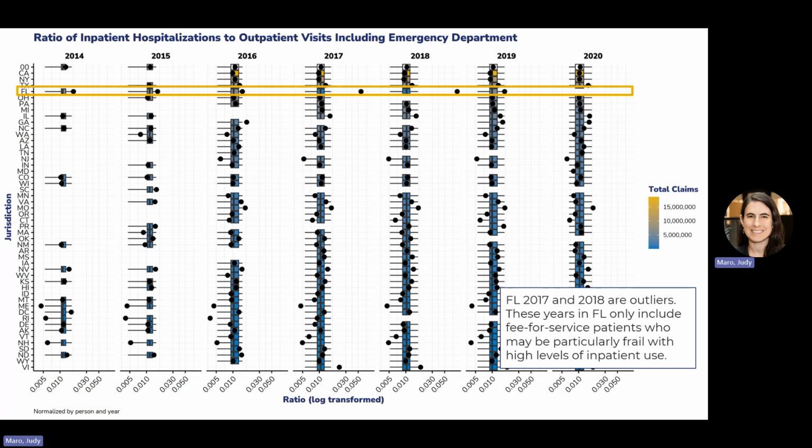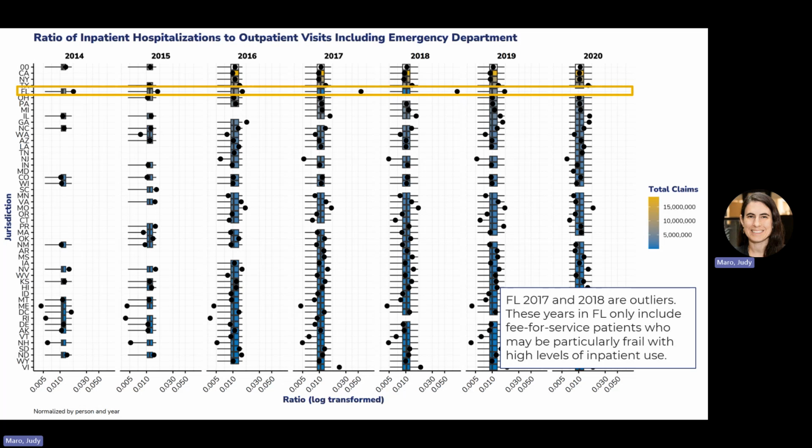So this is a similar ratio-based analysis. Here we have a ratio of inpatient hospitalizations to outpatient visits and emergency department visits combined. So here we're considering outpatient to be both ED and ambulatory visits. And we have another outlier here where we're looking for concerns, and I'm looking particularly at Florida in 2017 and 2018 as an outlier.